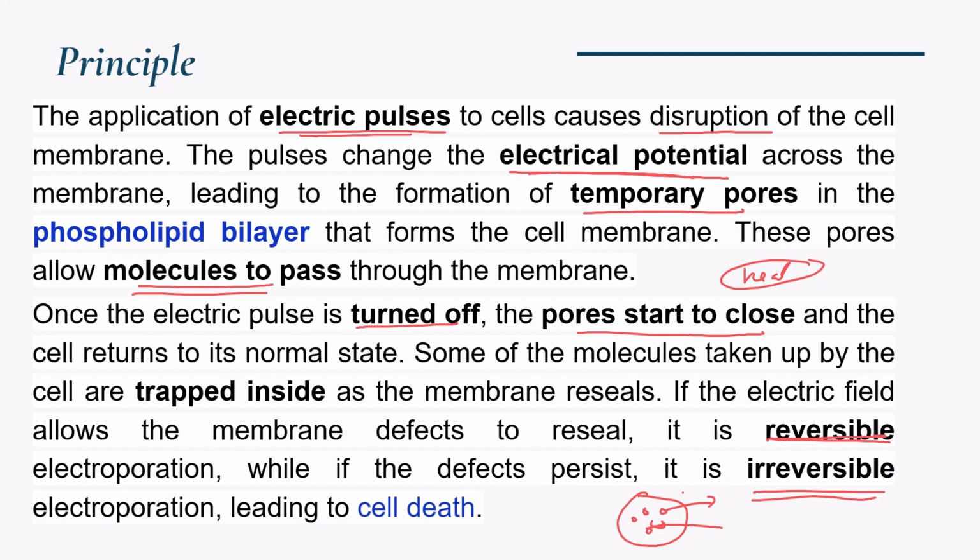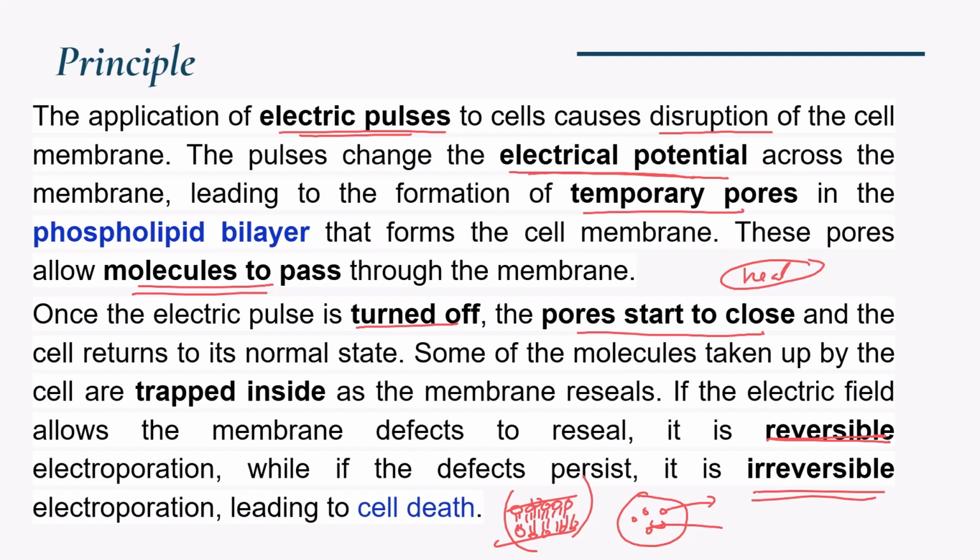Okay, so this is the thing. And as we know, the plasma membrane is made up of a lipid bilayer. This lipid bilayer has charges, right? The hydrophilic head, hydrophobic tail, we have seen all those things. So this property of the membrane is actually what causes the pore formation.